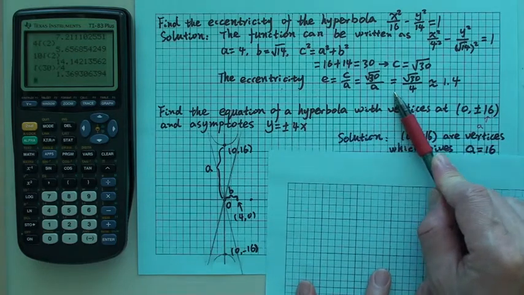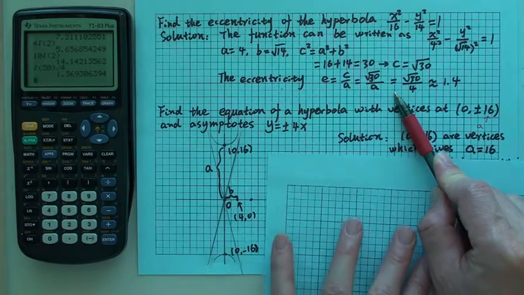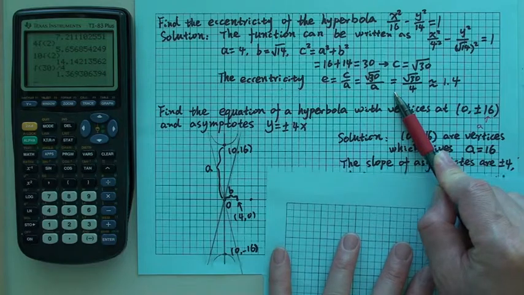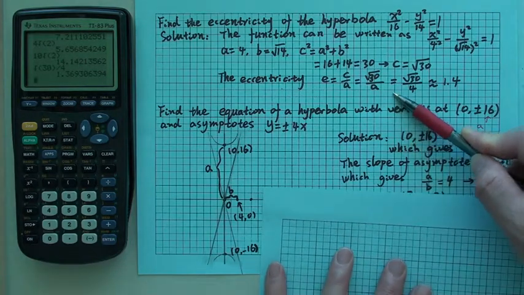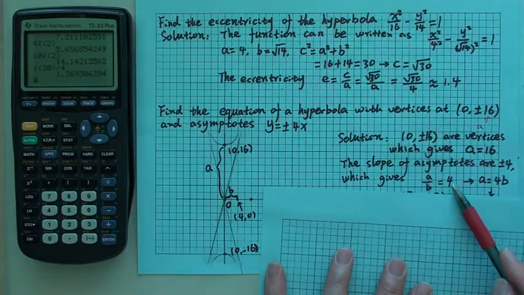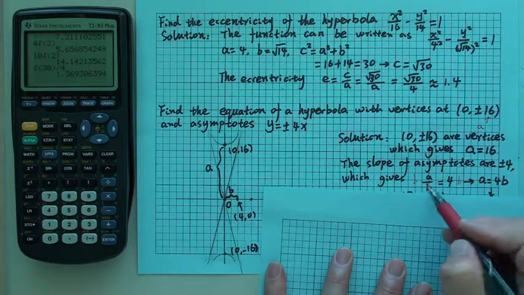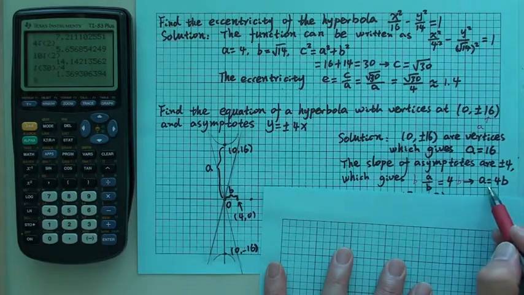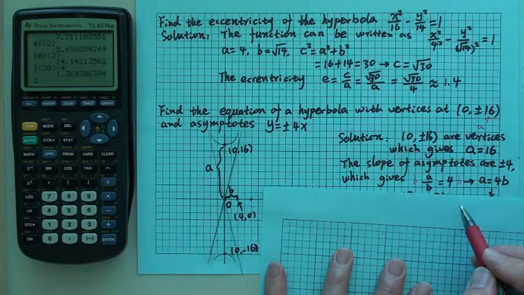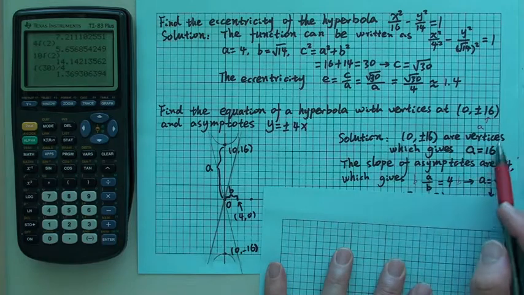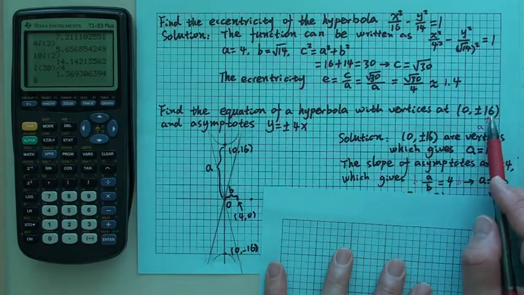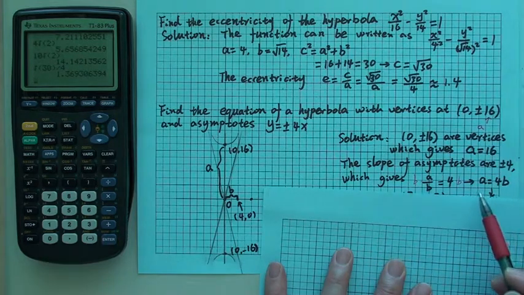Rise over run is a over b, not b over a, and it is 4. So a over b is 4. Then you multiply by b on both sides, cancel b here, a stands alone, and a equals 4b.